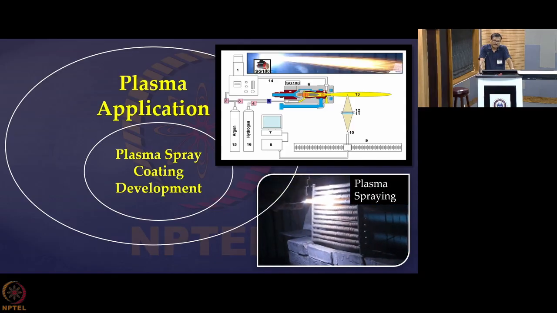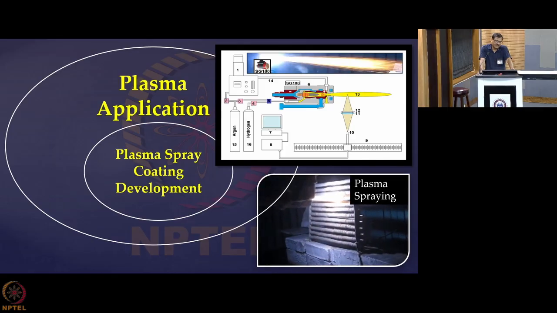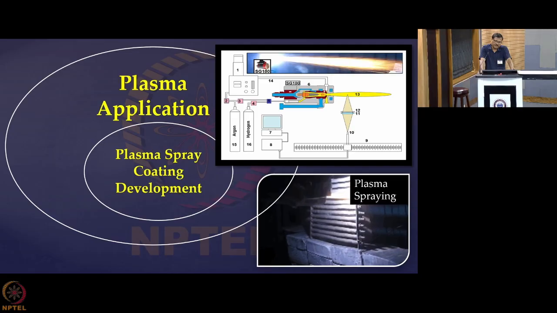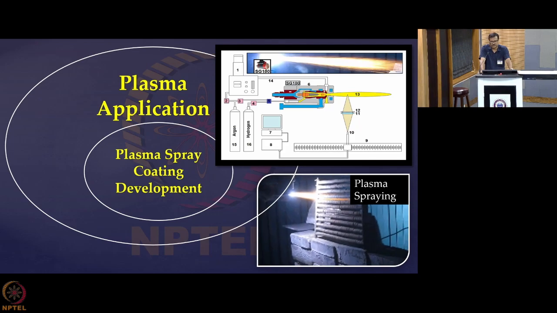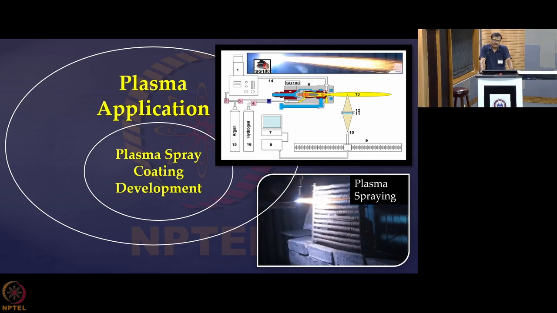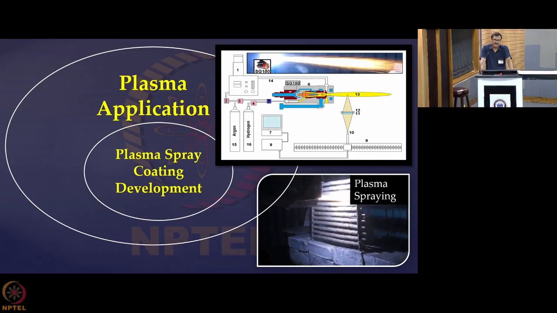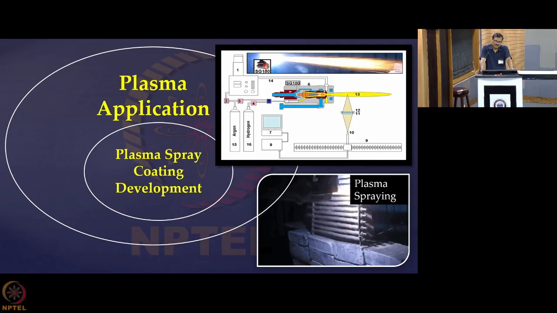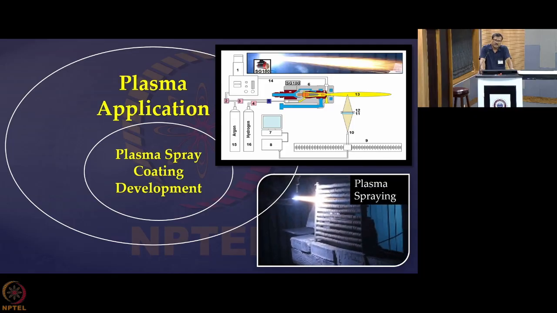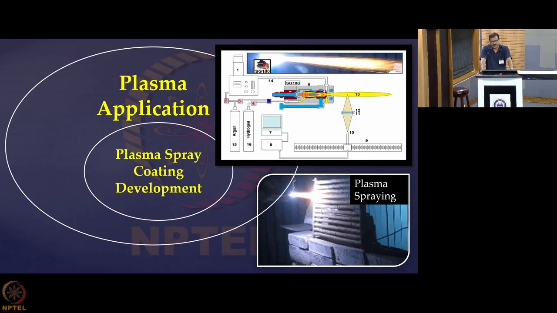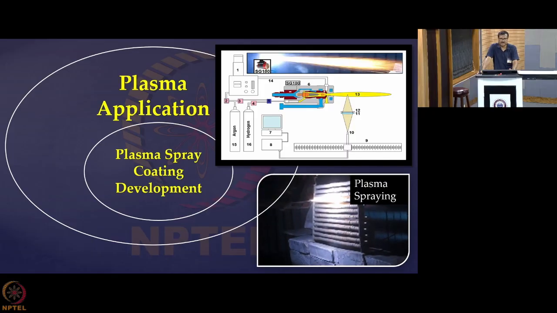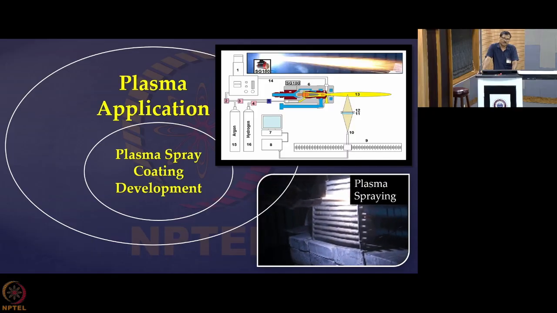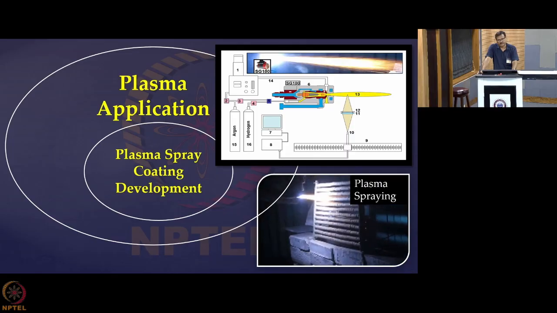Then it will be difficult to detect that aeroplane using thermal imaging, because it is not emitting that strongly. So this kind of application will require coating of the surface with some material which will reduce the infrared emission. For that you may need to coat certain special material over the surface, and one of the methods to deposit such coating is thermal spray coating.